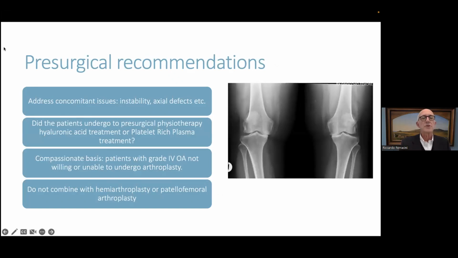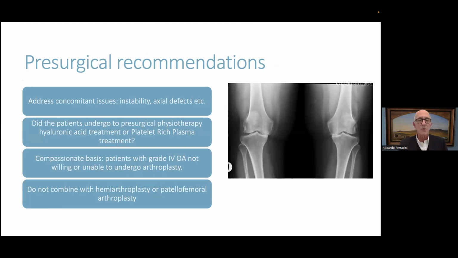So the pre-surgical recommendation that comes with sterile is do not combine with any metal surfaces, because on metal surfaces even one bug is able to create a colony, since there's no inflammatory defense.